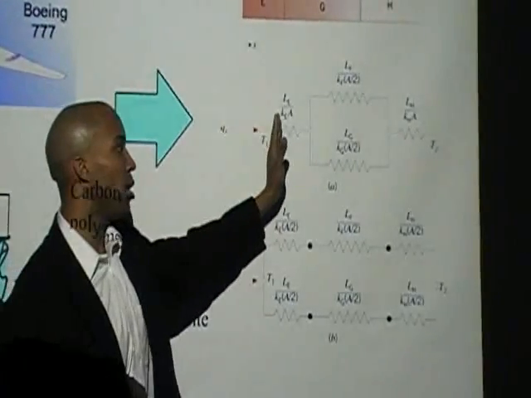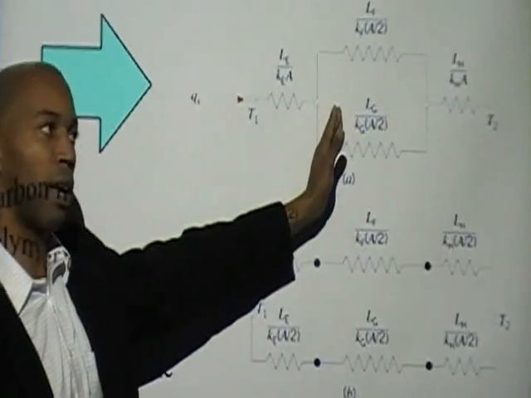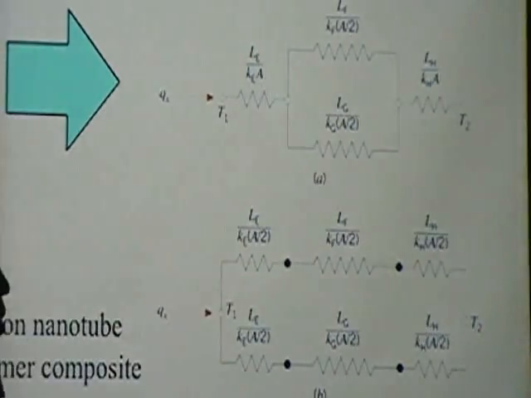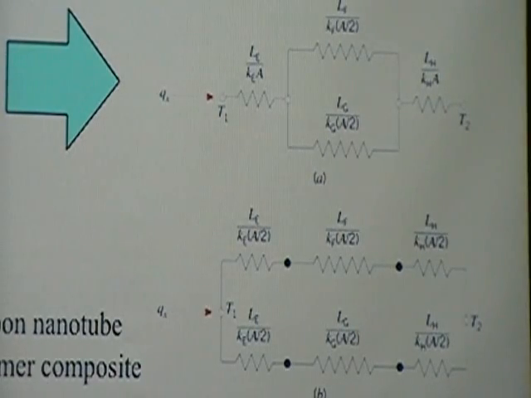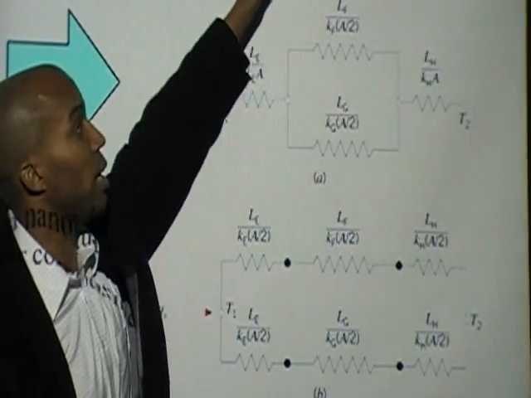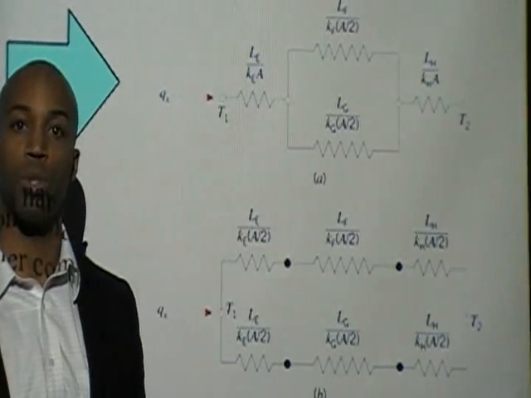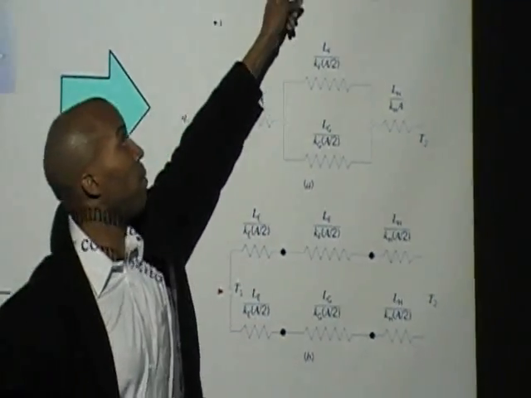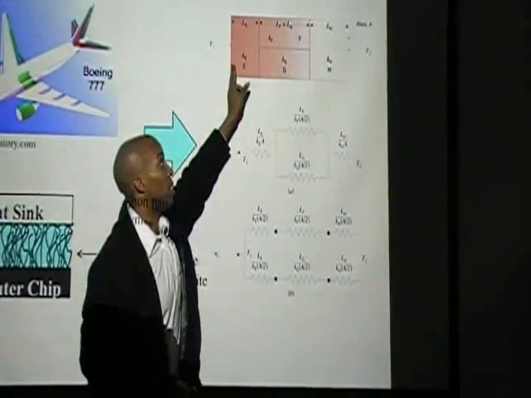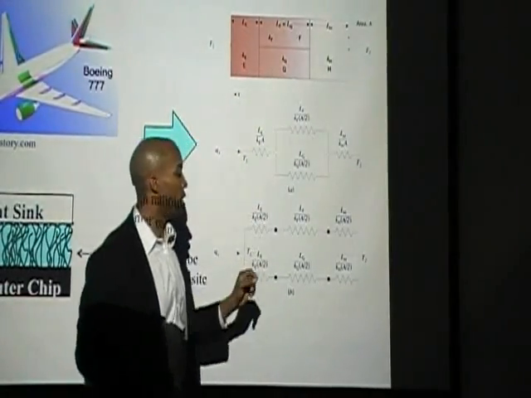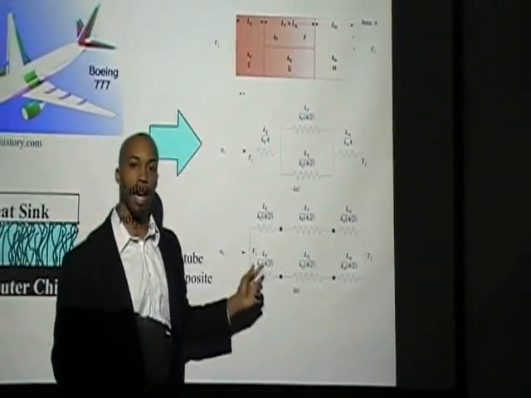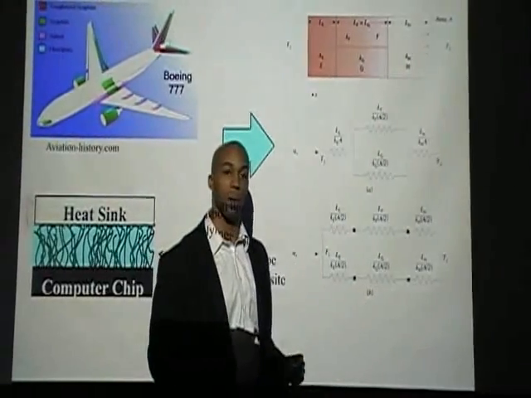So here we have two resistors in parallel. This can be lumped into an equivalent resistance, and then we have three in series. You can do the same problem and come to the same result by dividing material E and material H into two materials with the same properties. We can take this line and extend it this way and this way, so that now we have 6 sections, with 3 circuits in series on the top section and 3 circuits in series on the bottom section.